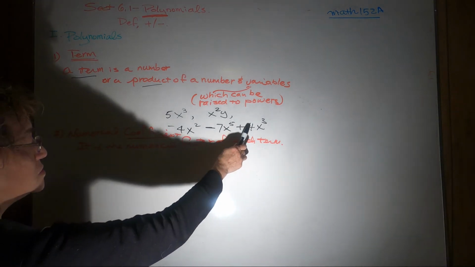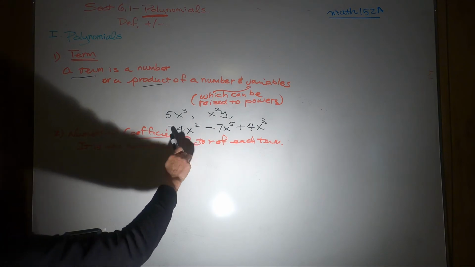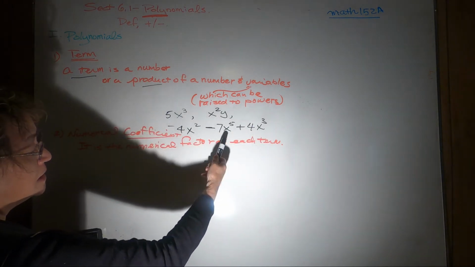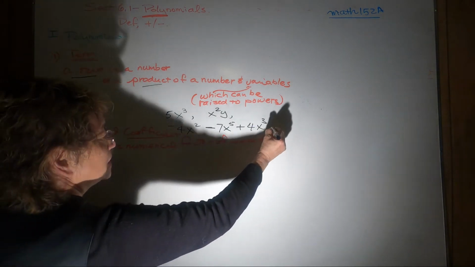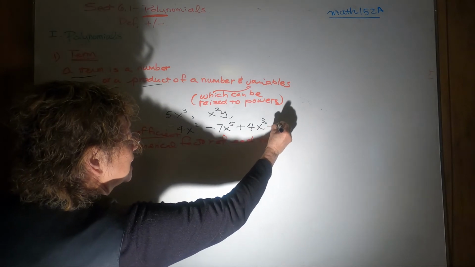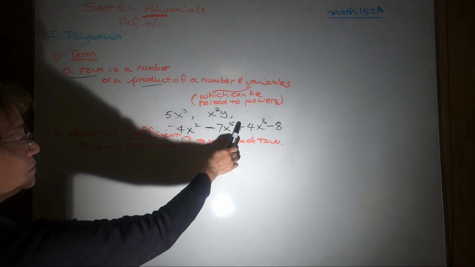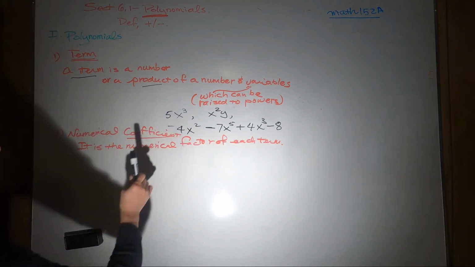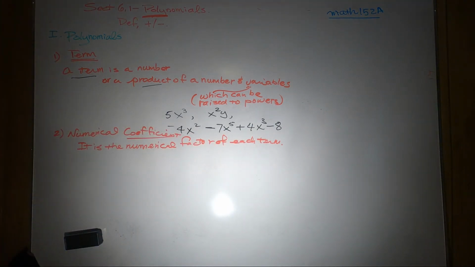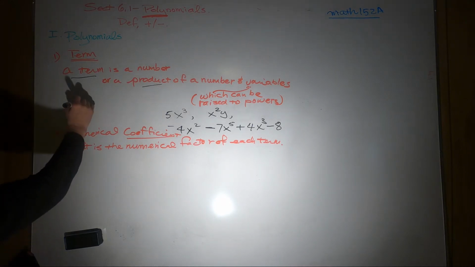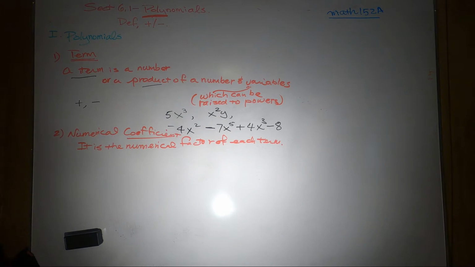Each one is one term, right? Put it together, we will have how many? 2 of them. If I say, okay, minus 8, how many terms will I have? I will have 3 terms, right? So the terms are separated by plus and minus signs. Okay?